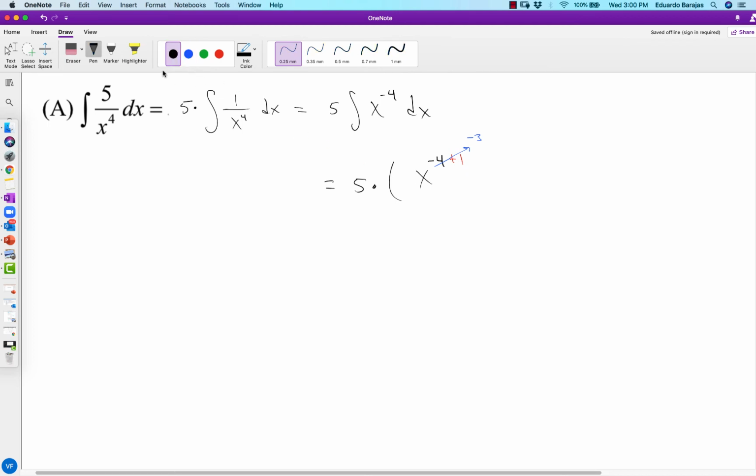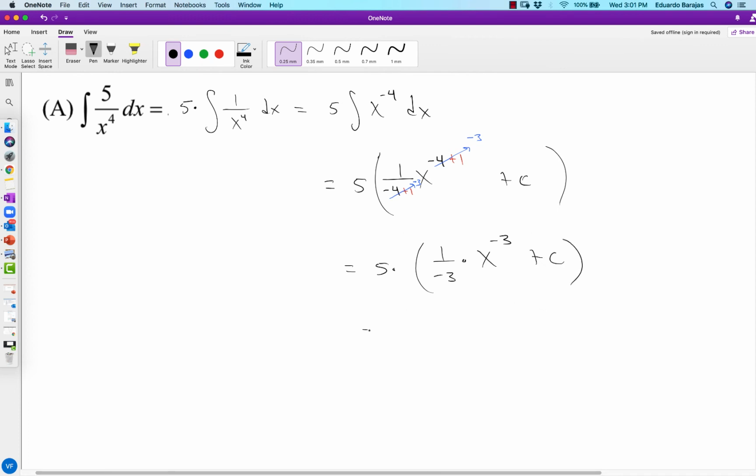This becomes 1 over negative 4 plus 1, which again is just going to be negative 3, plus some constant. So this is 5 times 1 over negative 3 times x to the power of negative 3 plus some constant.